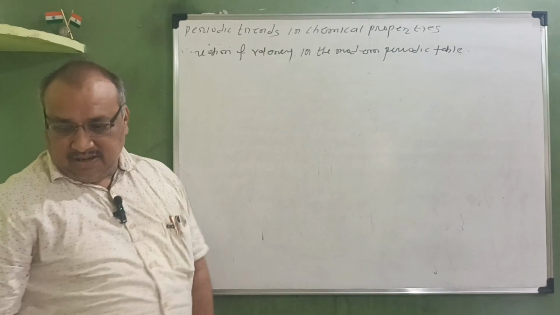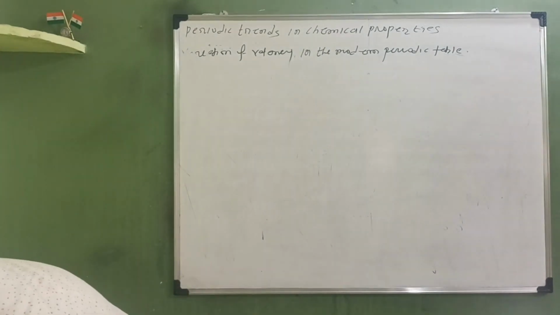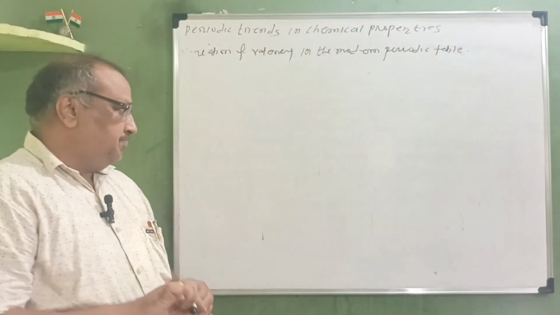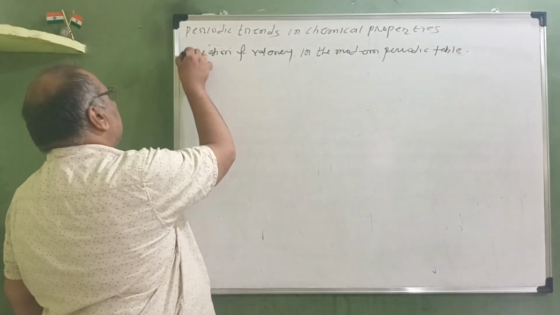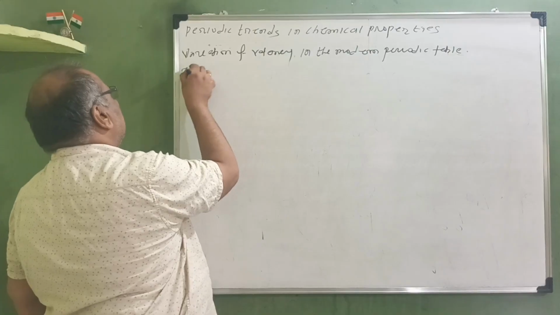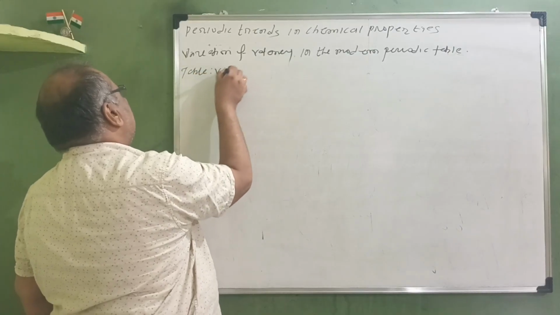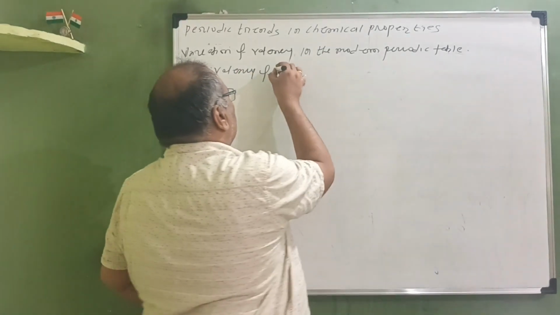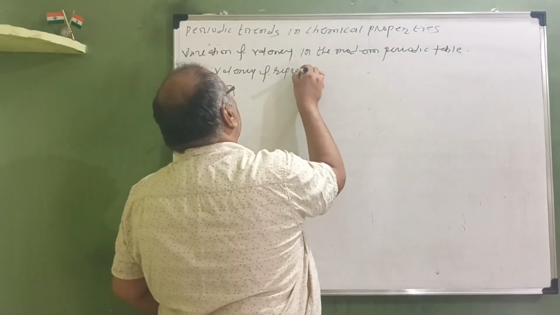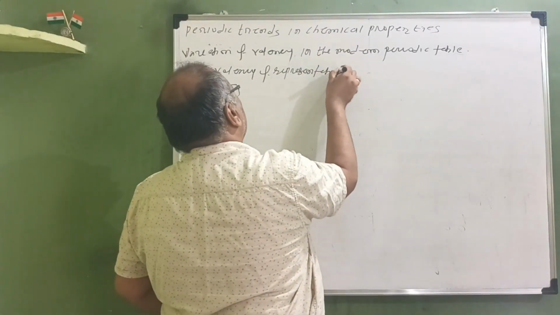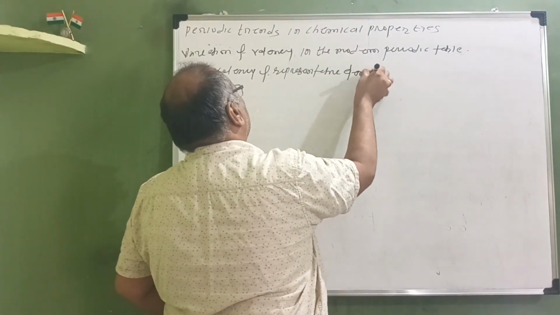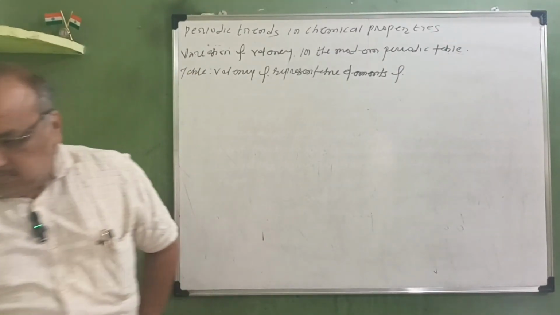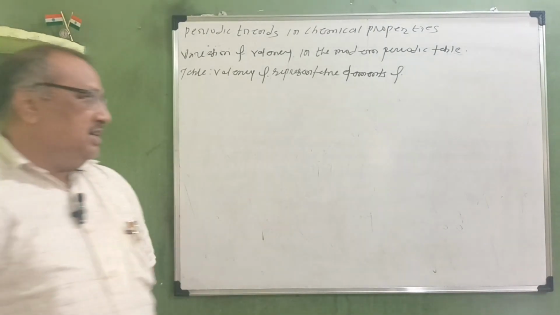Now here write down table: valency of representative elements of second period.